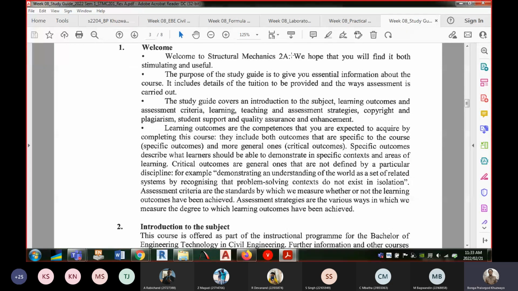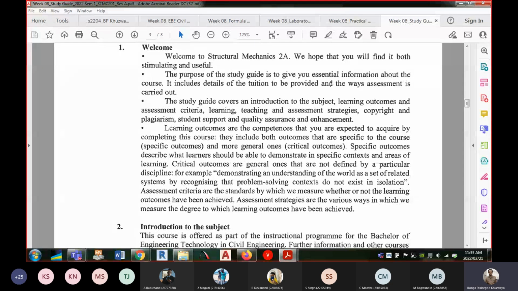Some of these things, students, you'll need to read yourself. The purpose of the study guide is to give you essential information about the course, and you need to get an updated study guide for all your modules.